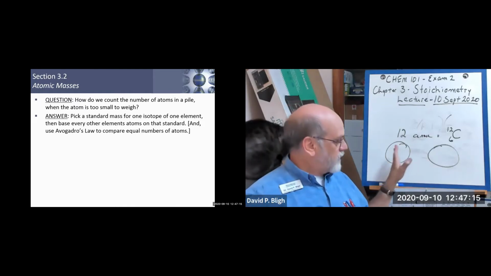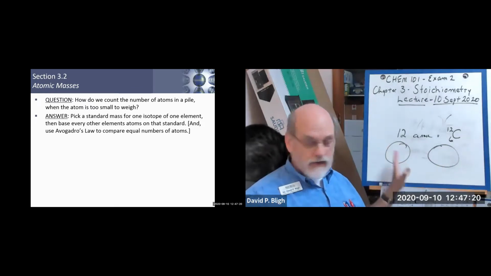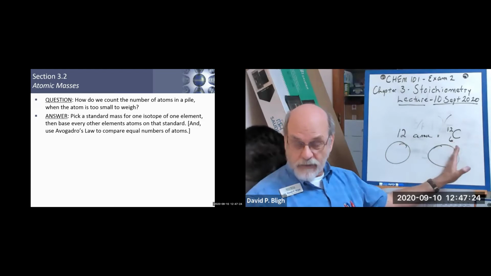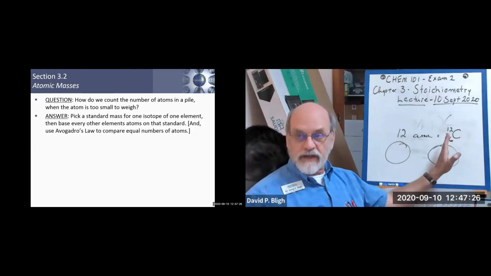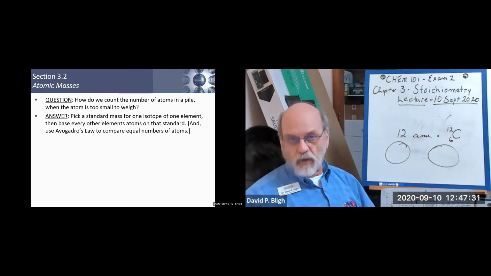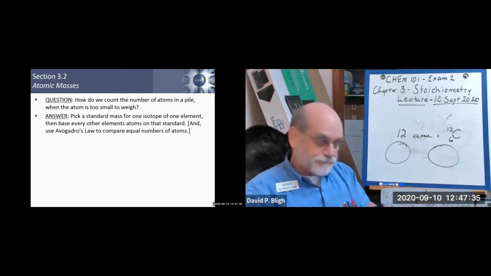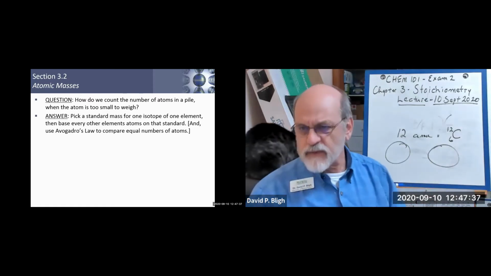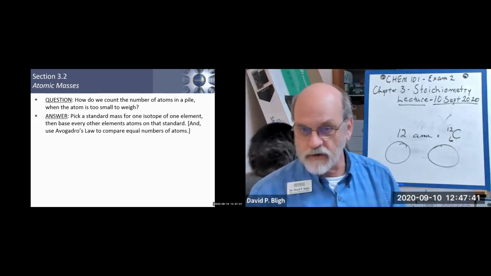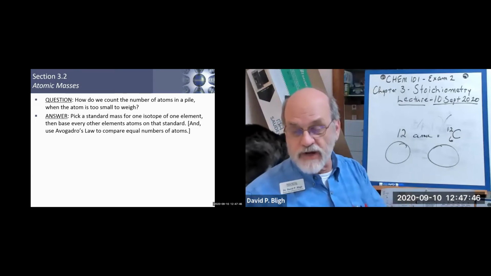So with that equality, and we know that this one is 12, then we can say with the equal number of atoms in this one, that it is 14 or 16 or whatever it happens to be. Right? So we've got people that spend their entire lives determining Avogadro's number. And I'll give you some more information about the number in a minute.